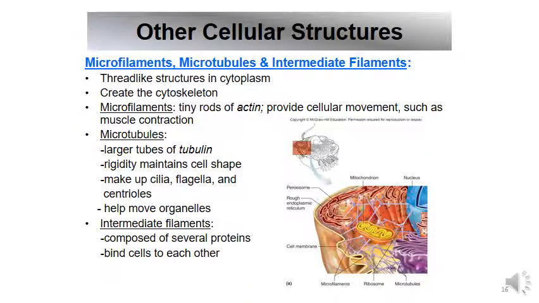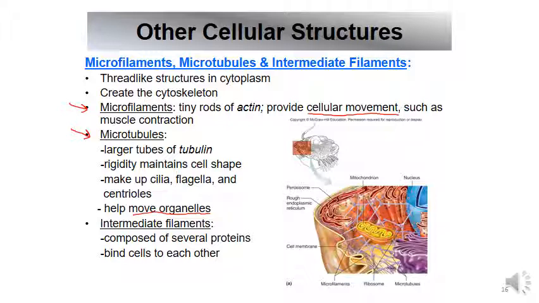Okay, other things that are inside the cell. Now think of these as kind of like the skeleton of the cell. They're giving shape to the cell, but they're also helping with the moving around inside the cell. Know that these are the main types. There are microfilaments, and actually all of these are made up of proteins. Microfilaments are important for cellular movements. Microtubules, these are helping to move organelles inside the cells.